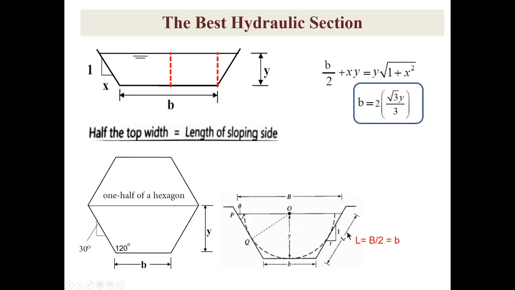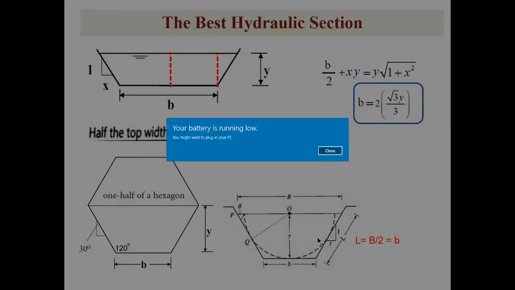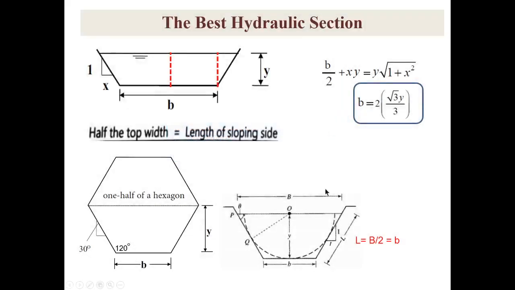The other conclusion is that when we have an efficient or economic trapezoidal cross section with the depth of y, this y is the radius of a semicircle which can be drawn in the trapezoid in a way that it is tangent to three sides of the trapezoid.